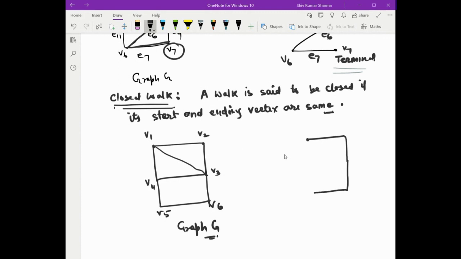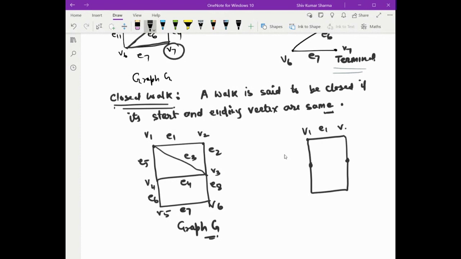That means we visit all the vertices and come back. Here you can give the names E1, E2, E3, E4, E5, and here E6, E7, and E8.